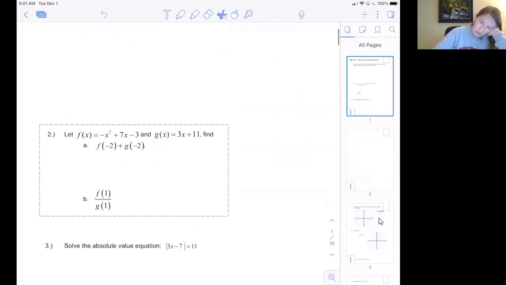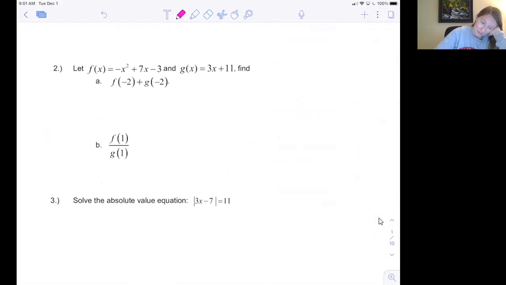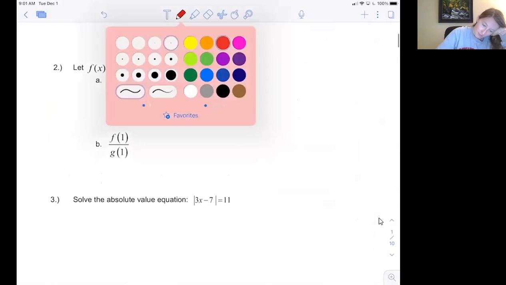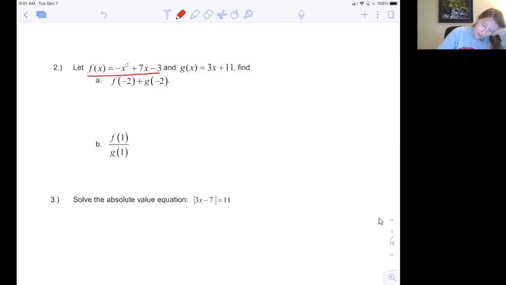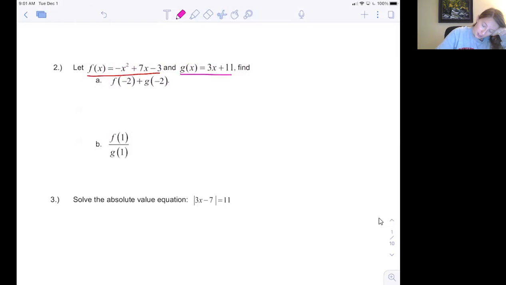I think we have enough room. Okay, so we have these two functions. I've got my f of x equals this, and I have my g of x equals this.